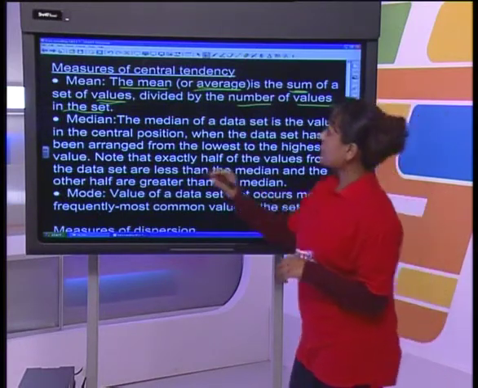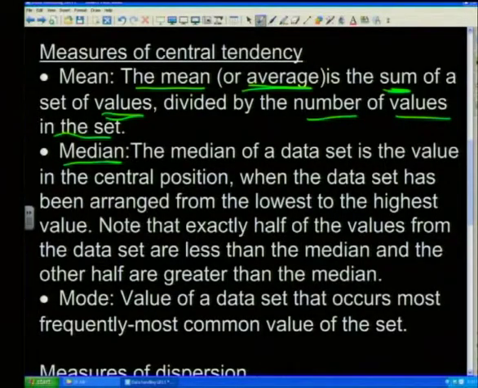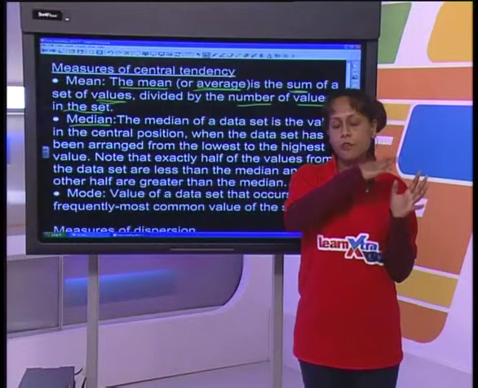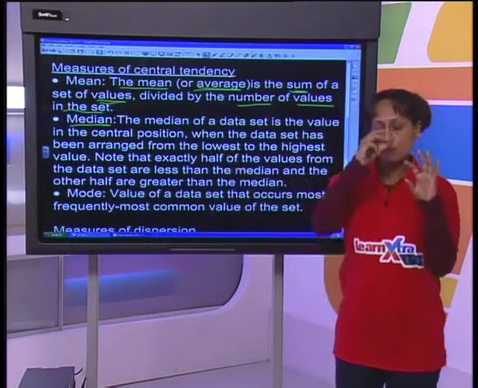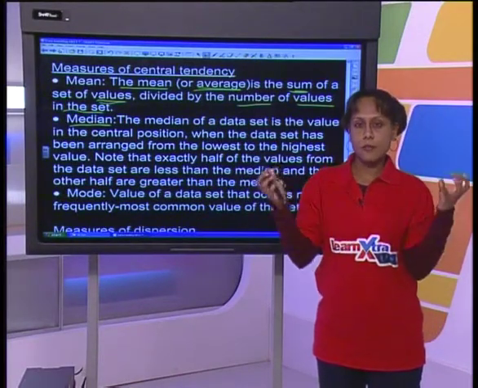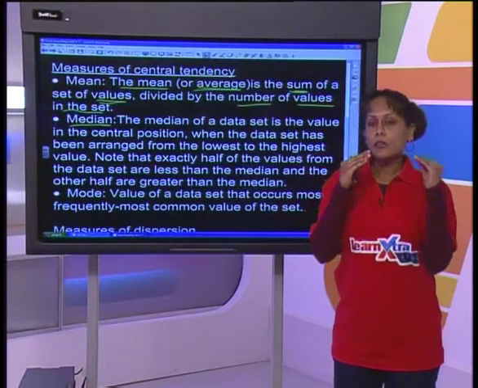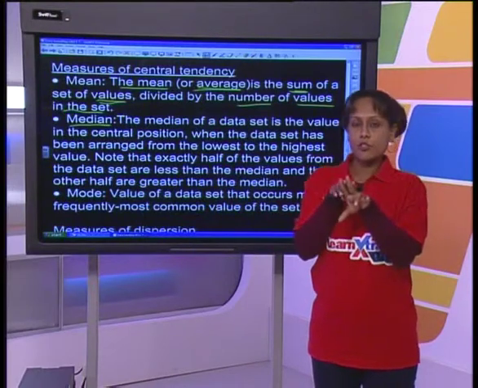Another important term is the median. The median is the middlemost value, or the value with the central position in your data set. If you arrange your values in ascending order, from smallest to biggest, the middlemost number, if we're dealing with an odd set of numbers, will be your median. If you're dealing with an even set of numbers, it will be the average of the two middle numbers.